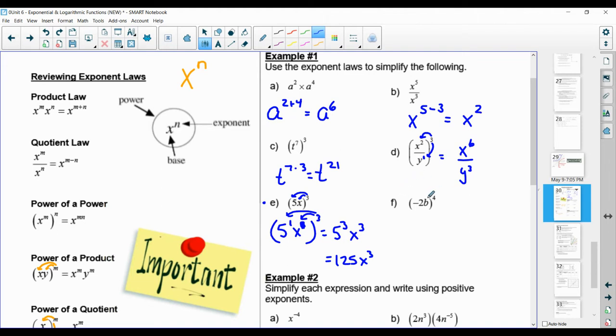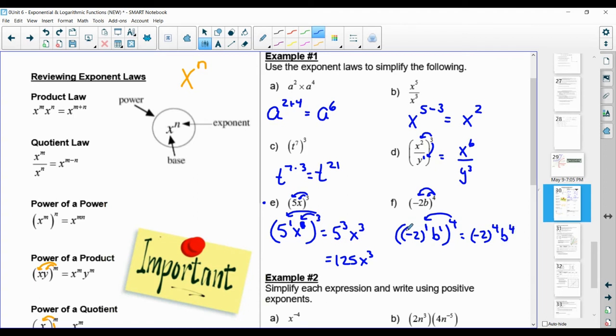The other one that can cause some trickery sometimes is that negative in front of the 2. So we could bring these in. This is negative 2 to the 1, or you could think about it as negative 1 to the 1 and 2 to the 1 and so on. But this is negative 2 to the 1 and b to the 1, all put to the exponent of 4. So when we bring that 4 in, this becomes negative 2 in brackets to the 4 and b to the 4th.